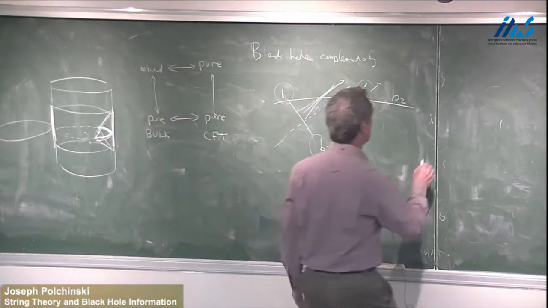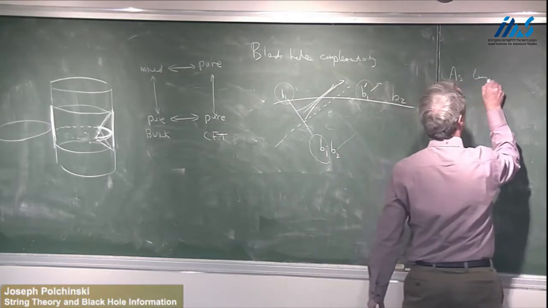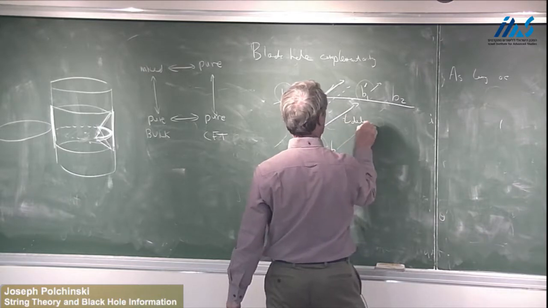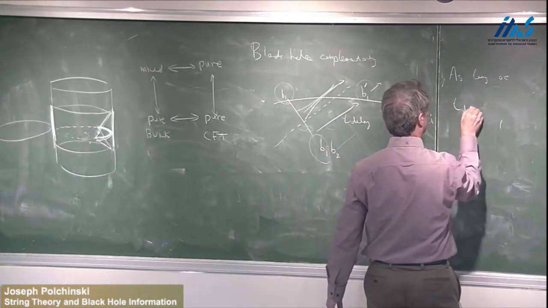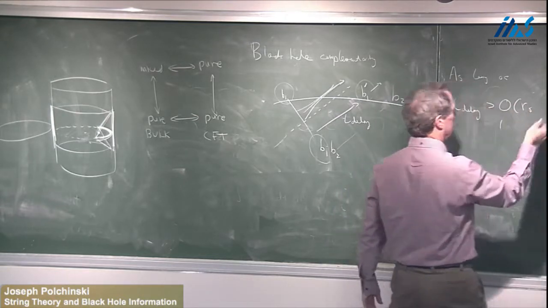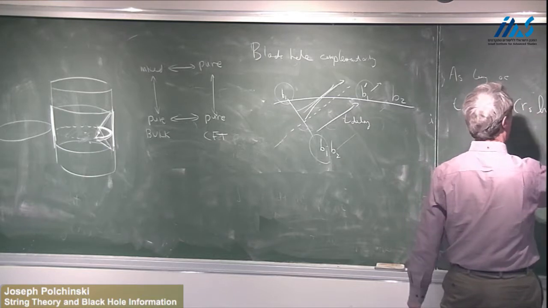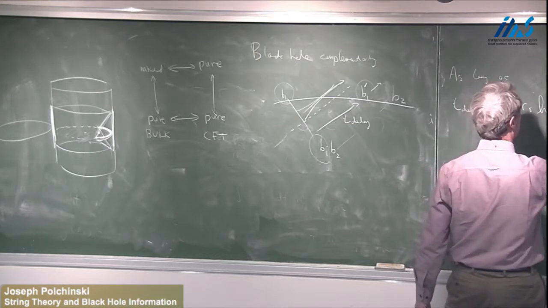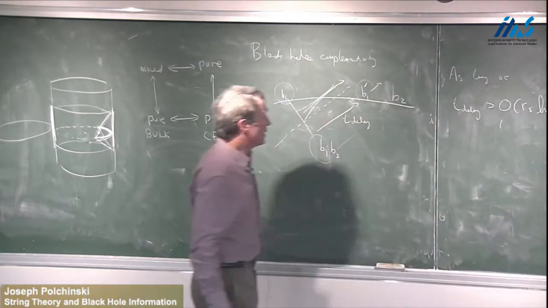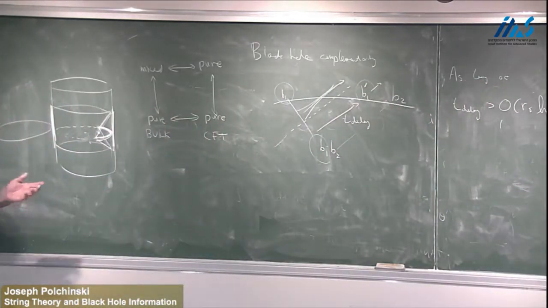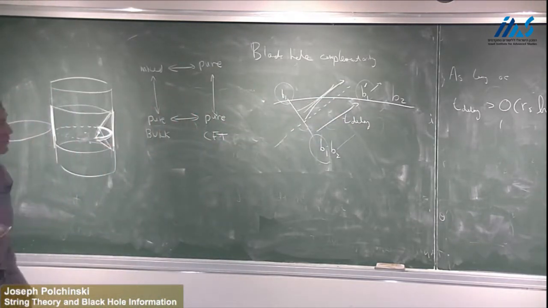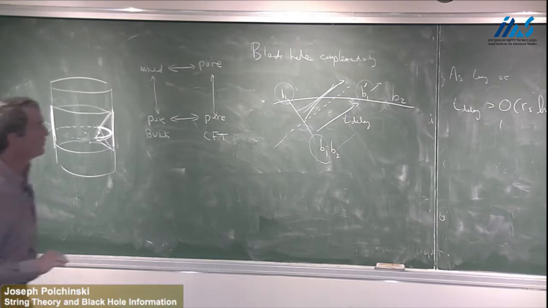So as long as t delay is greater than order the Schwarzschild radius, which is the basic time, times the log of the black hole mass in Planck units, there is no way an observer can see both bits, or in any way receive the consequences of measurements of both bits.